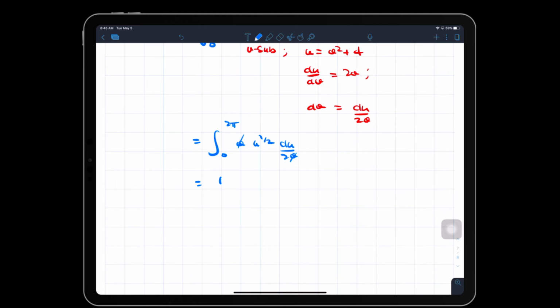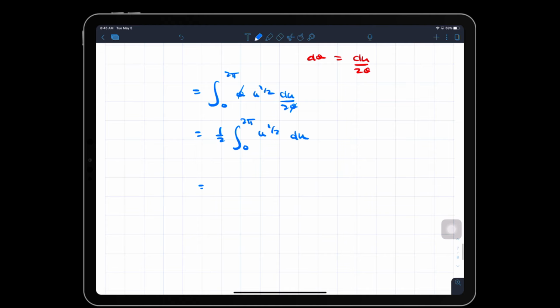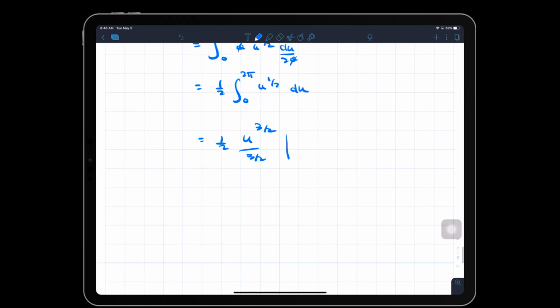So I end up with 1/2 times the integral from 0 to 2 pi of u to the 1/2 du, and that gives me 1/2 u to the 3/2 over 3/2. And I'm going to keep this at the very end, so I'm going to say this is 1/2 times 2/3 u to the 3/2, which is 1/3 u to the 3/2.